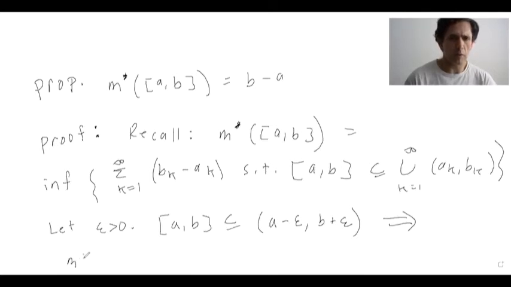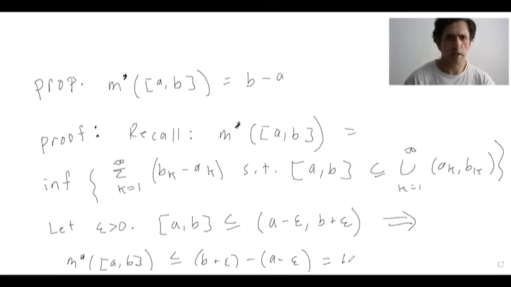So the infimum is less than or equal to the length of this covering interval, which is b plus epsilon minus a minus epsilon, which is, of course, just b minus a plus 2 epsilon.